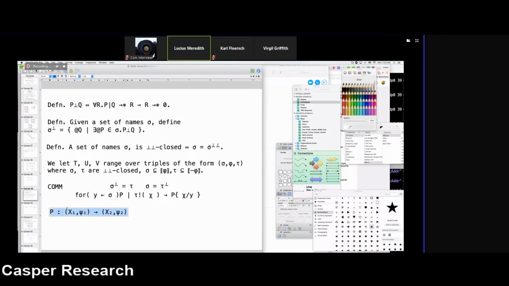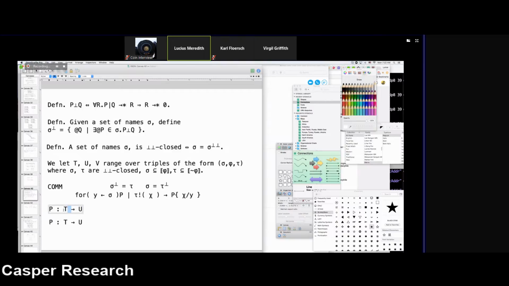Okay, so now we say that P runs from T to U. It's useful to add that extra layer because the type algebra is important.